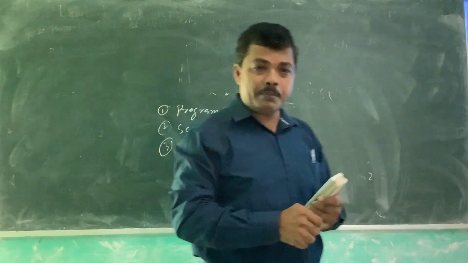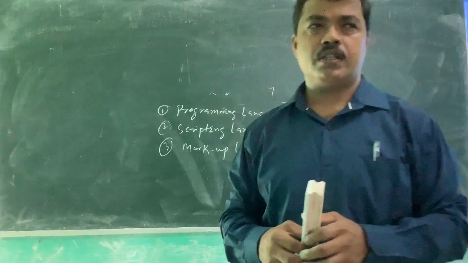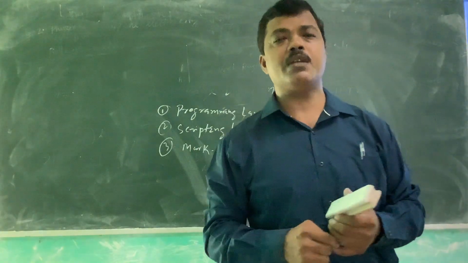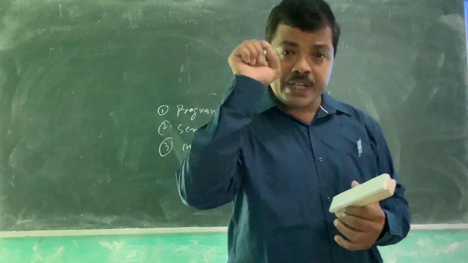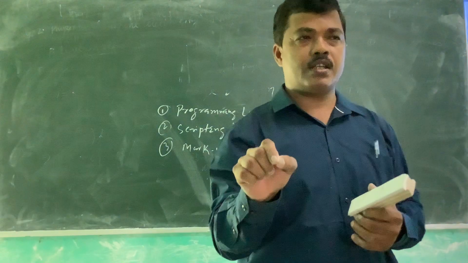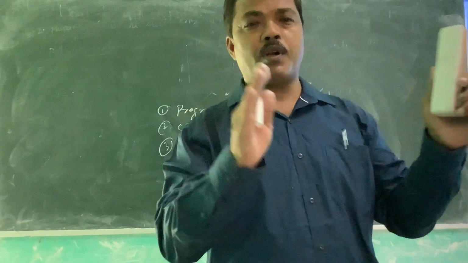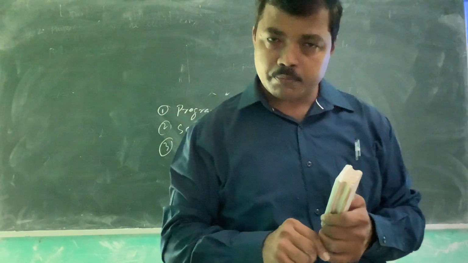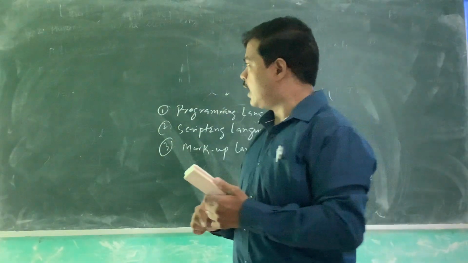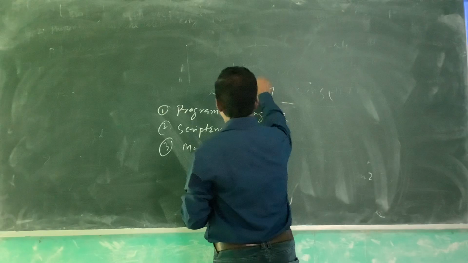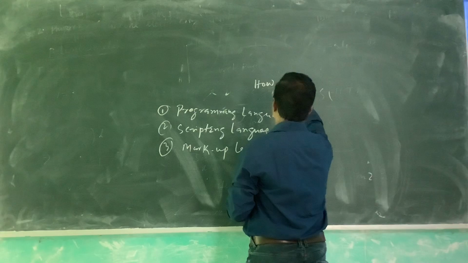There are so many differences between these three. In programming languages like C, C++, Java, COBOL, BASIC, Fortran, C#, etc., we need to write the logic in proper syntax, maintaining its rules and regulations, and we have to write what to do and how to do.